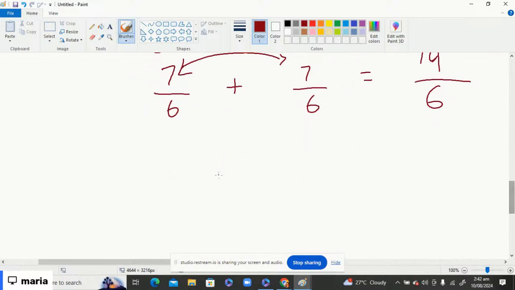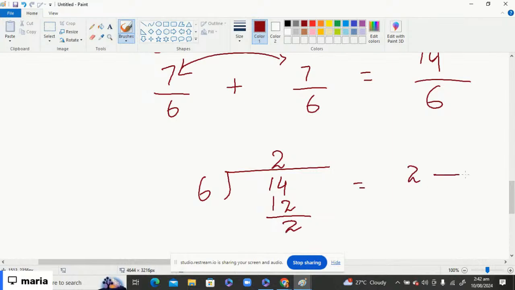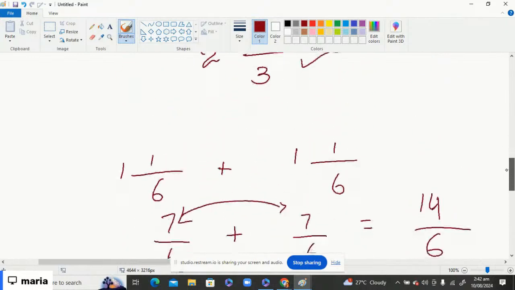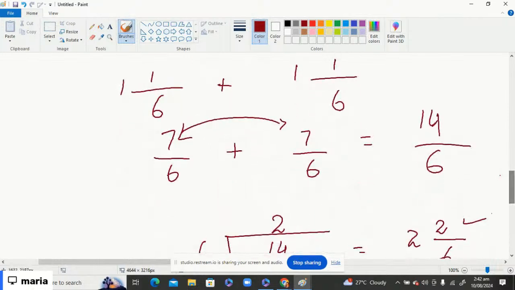Now just divide. 14 divided by 6: 6 times 2 is 12, and 2 is left. So 2 into 2 by 6. Look here, 2 into 2 by 6. Is this easy or is this one easy? This one, you first solve it, and then you add up.